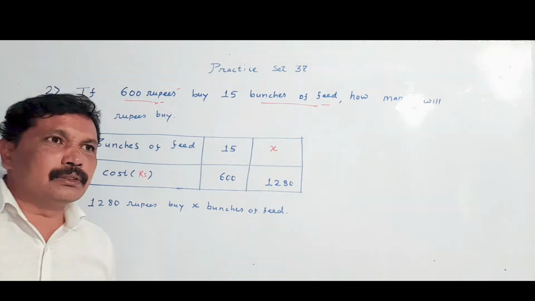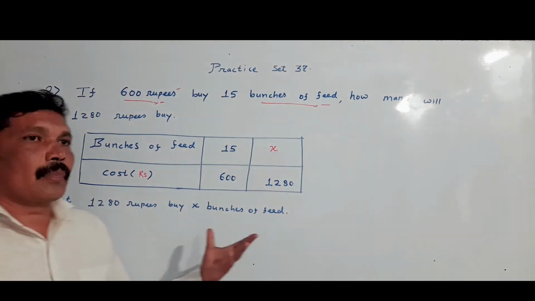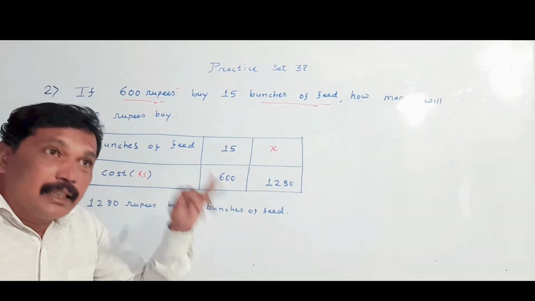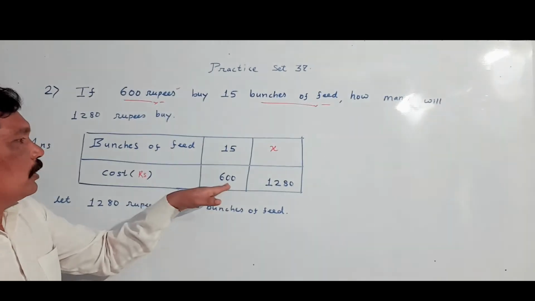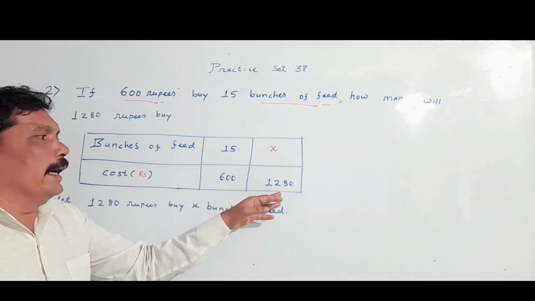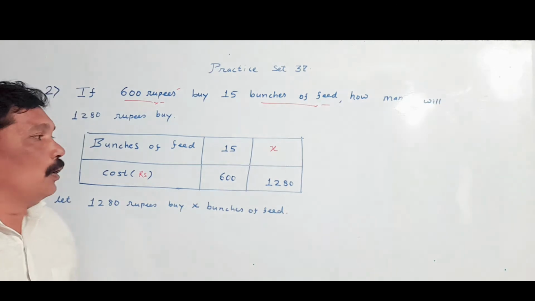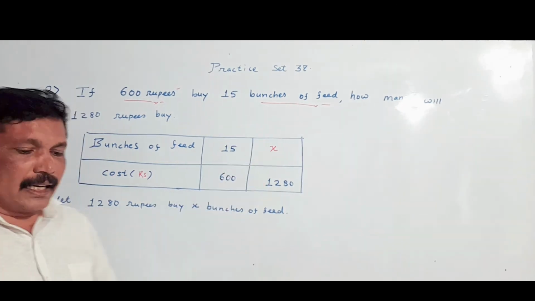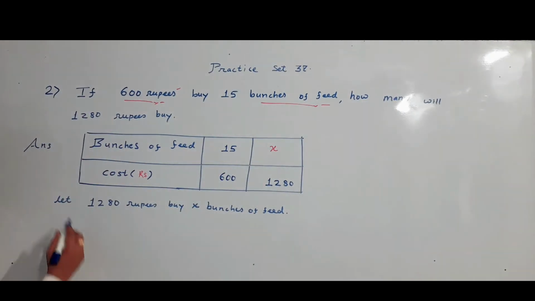Now, my dear student, here the cost is increasing from 600 rupees to 1,280 rupees. One quantity is increasing, so the number of bunches will also increase. Therefore, this is an example of direct proportion.